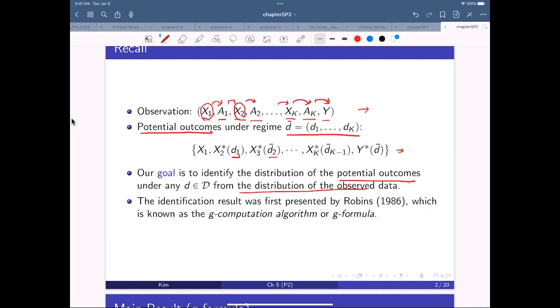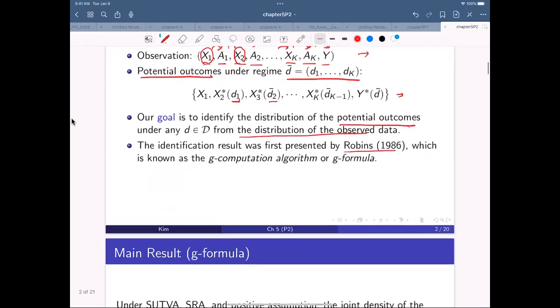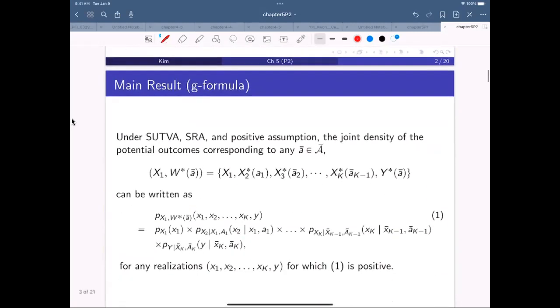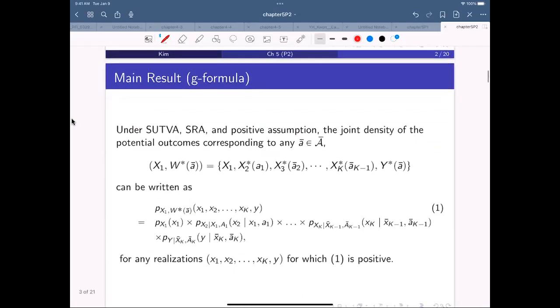So this problem was first found by James Robins, and then it became very hot after that. But it took some time for others to understand. Anyway, so this is the main result.